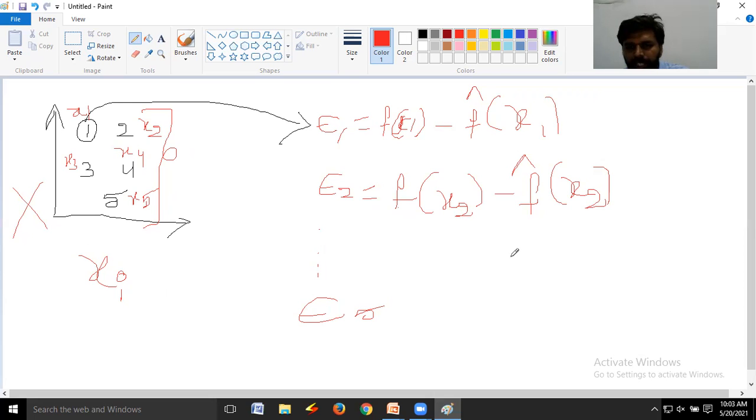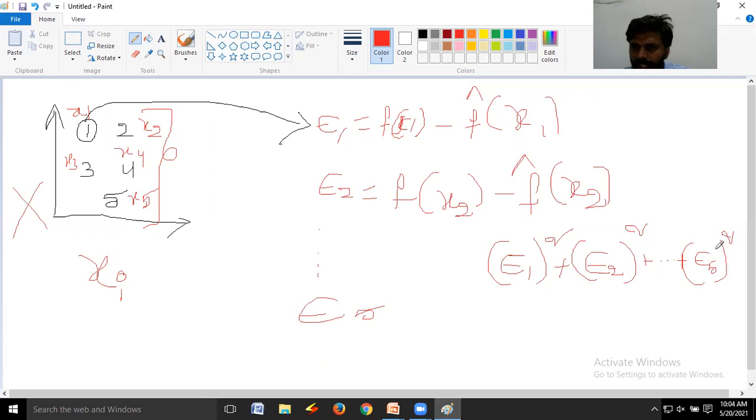Now, what are we doing? We are summing all these epsilon 1, epsilon 2 and so on, plus epsilon 5, by calculating the squares. Epsilon 5 whole square.